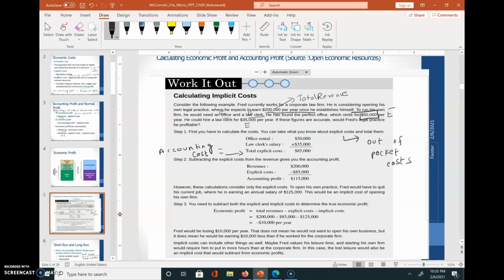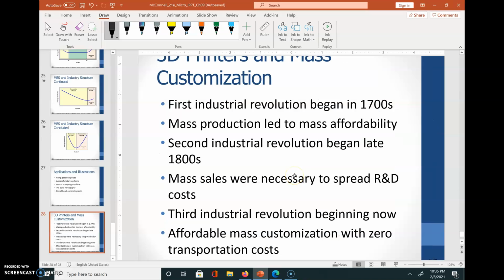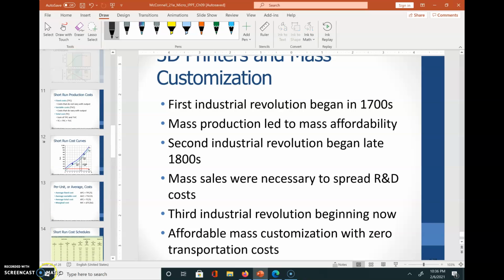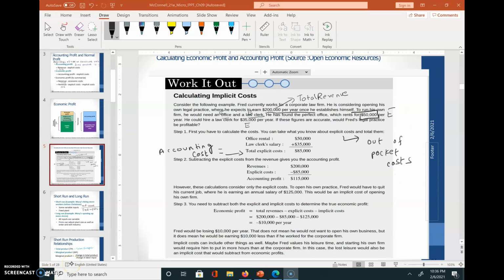From that we take the explicit cost off, and this $115,000, this is the accounting profit. Now let's see what else is going on here.